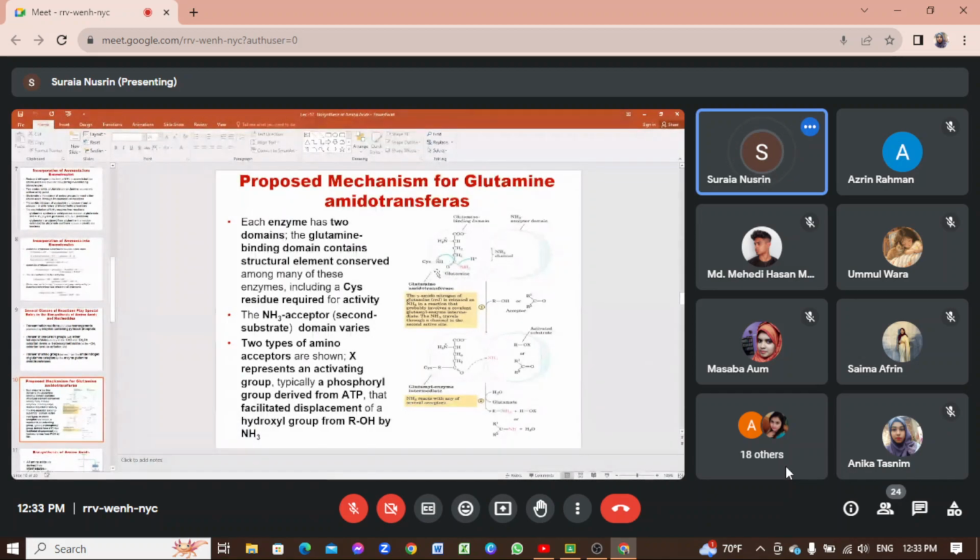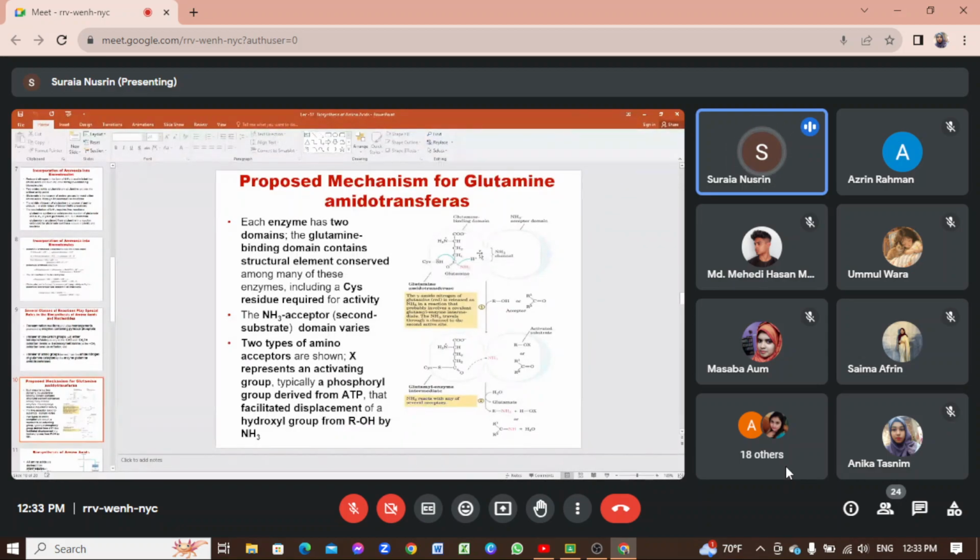We already know that the sulfhydryl group is the nucleophile, so it attacks the carbonyl carbon here, and because of that, it causes the release of the amino group, or release of amide ammonia. Okay, and that is released.